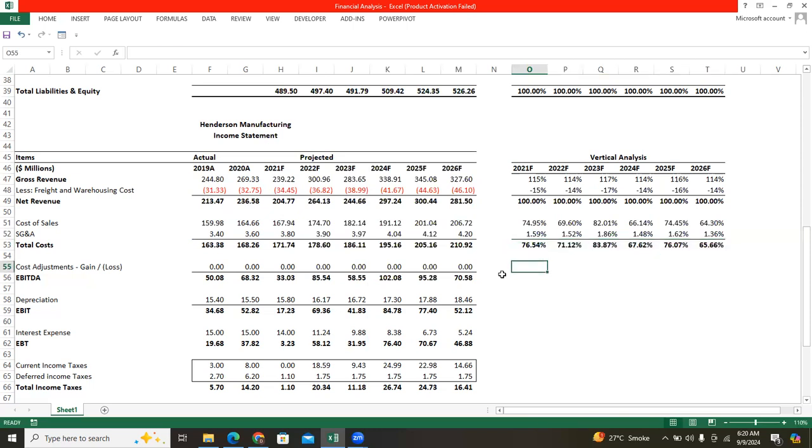We're going to look toward the cost adjustments, whether there are any gains or losses.